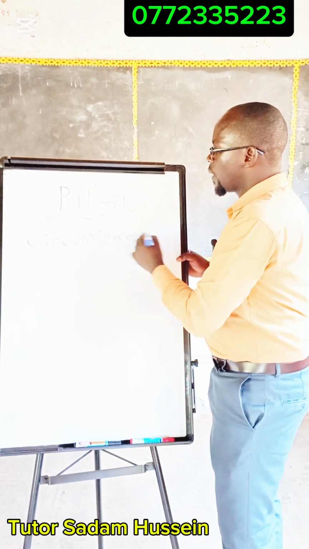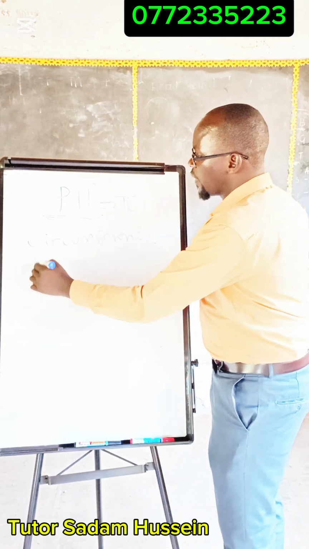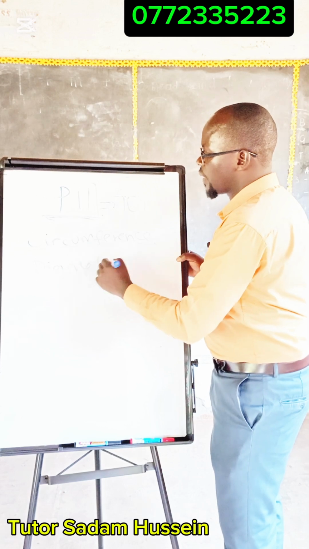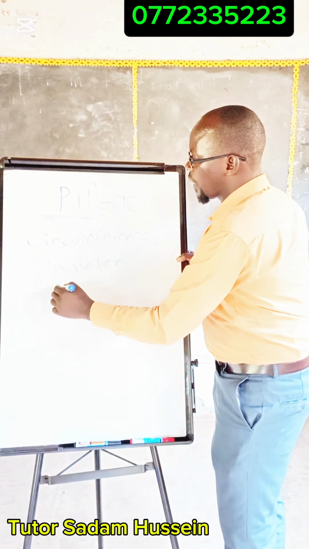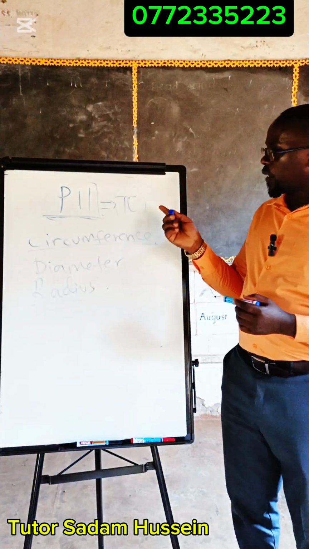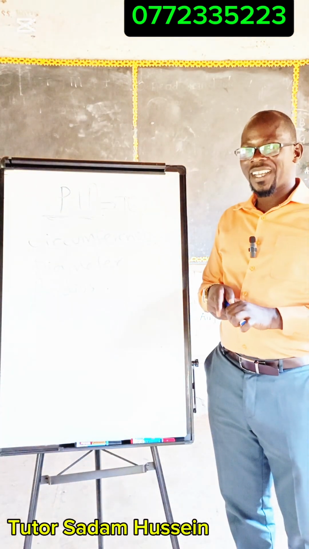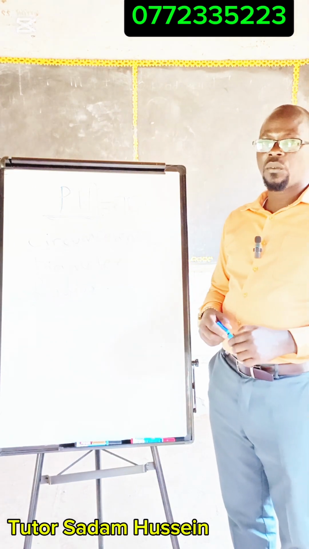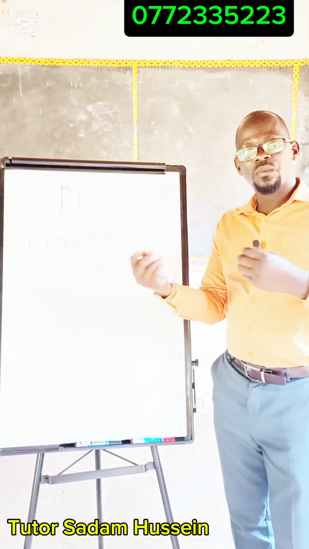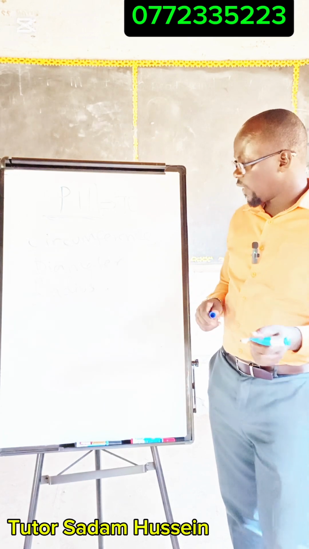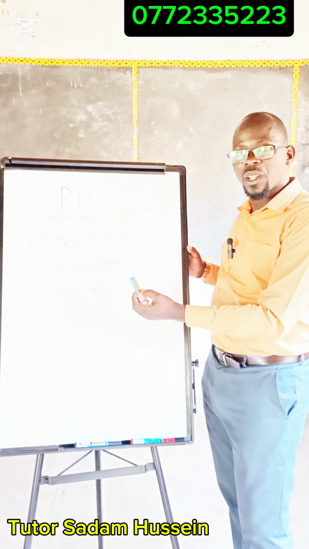Now, we want to look at this word circumference. We want to look at diameter, and then we can also focus on radius, because that's where I want to develop this concept of pi. Now, when we are talking about circumference, for sure, we have learned from our teachers that circumference is simply the total distance around a circular figure.